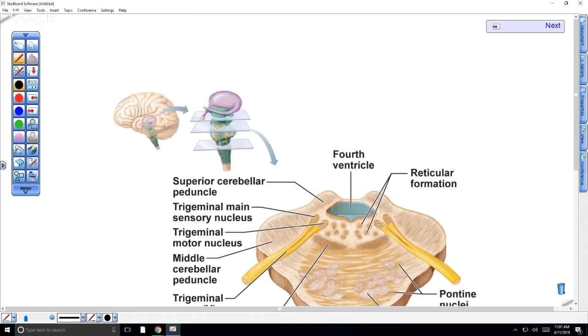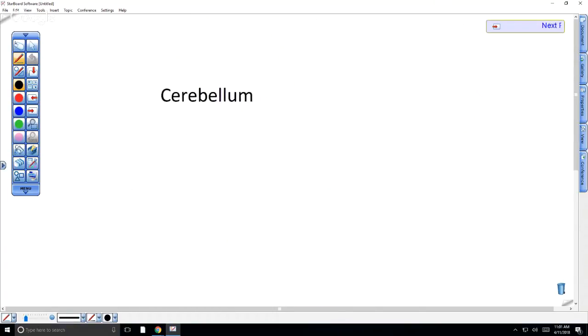Okay, so let's finally get to the hindbrain here. Remember that the hindbrain is also called the rhombencephalon. One part of the hindbrain is the cerebellum. And the cerebellum has its own hemispheres, and it is organized very similarly to the cerebral cortex in terms of different parts of the cerebellum associated with different body parts.